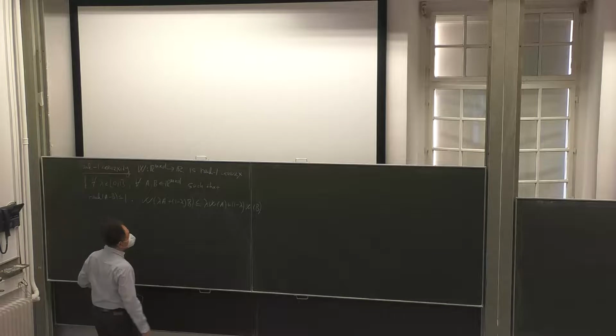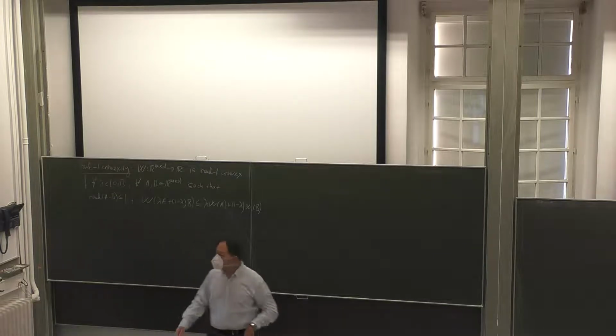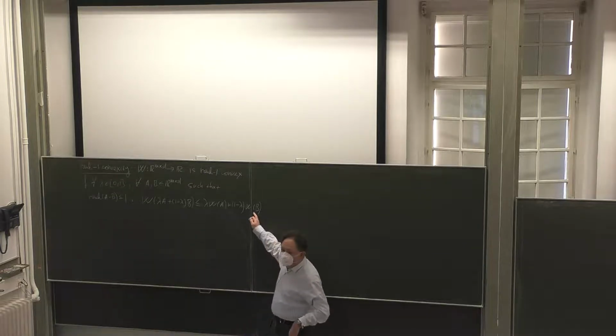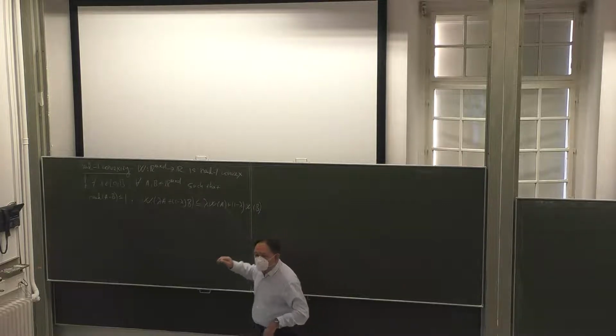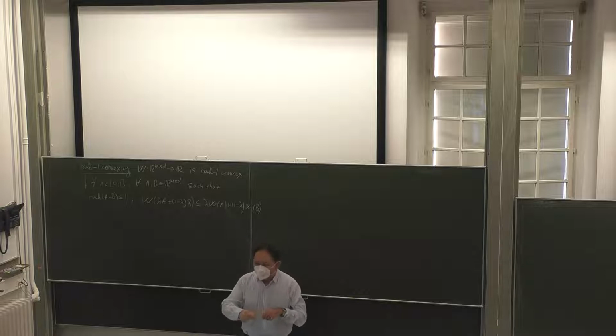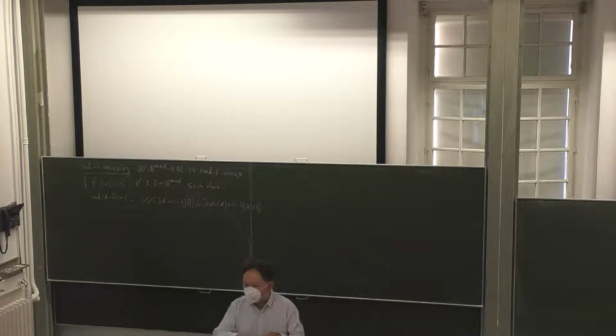Yeah, so this in particular means that these functions are separately convex. So separate convexity means you fix all but one component, and then you look at W as a function of this one component.